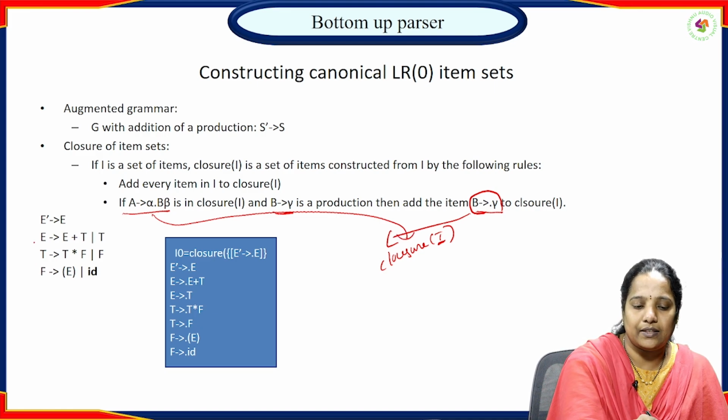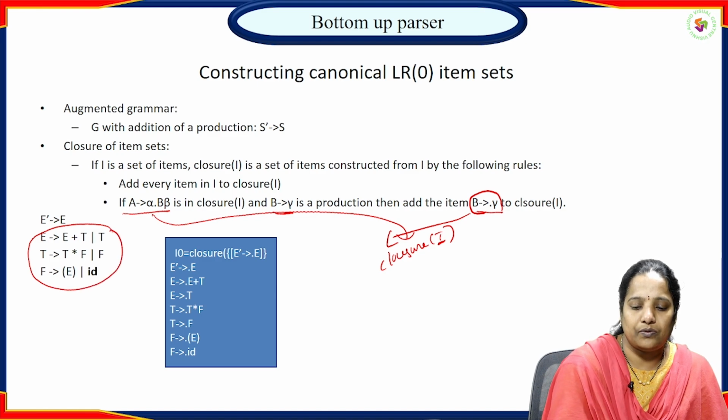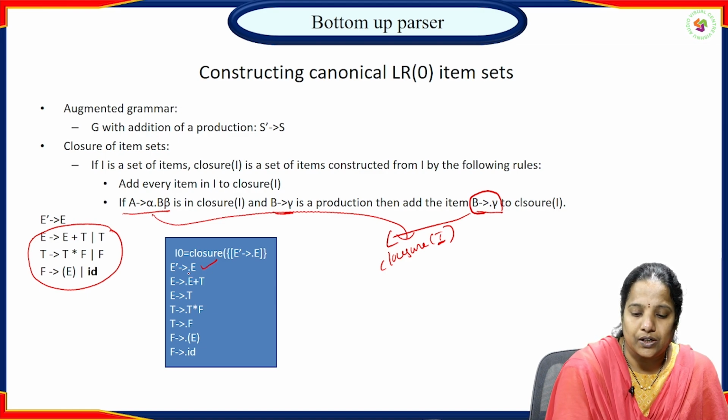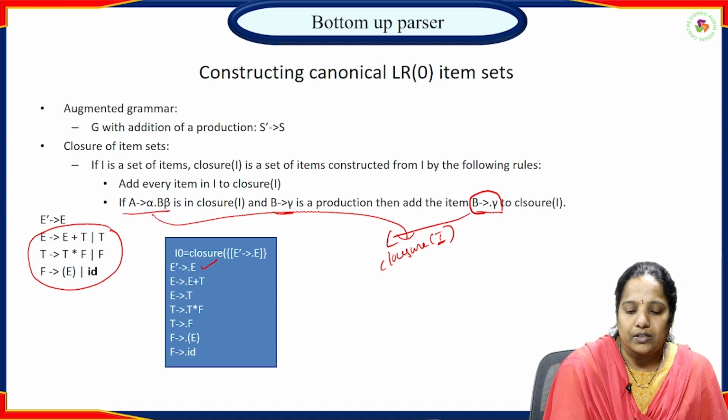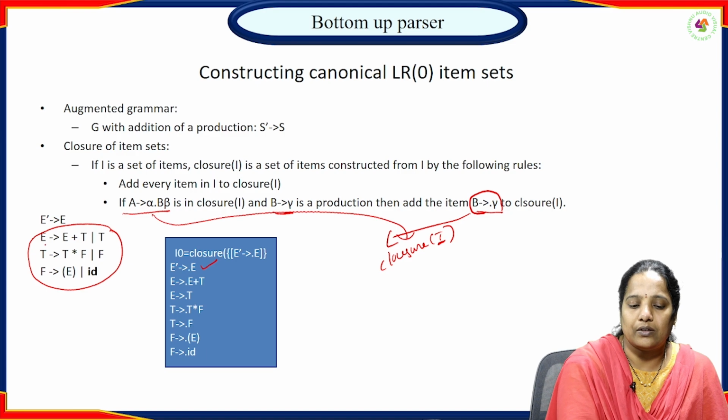Then for this example, first what do we have to add? First we need to start from the production E dash tends to dot E, by adding the dot at the right-hand side to start the representation. When we observe this production, dot followed by E is there. Then we need to add the productions related to E. What are the productions related to E? E tends to E plus T and E tends to T. Two productions are there.